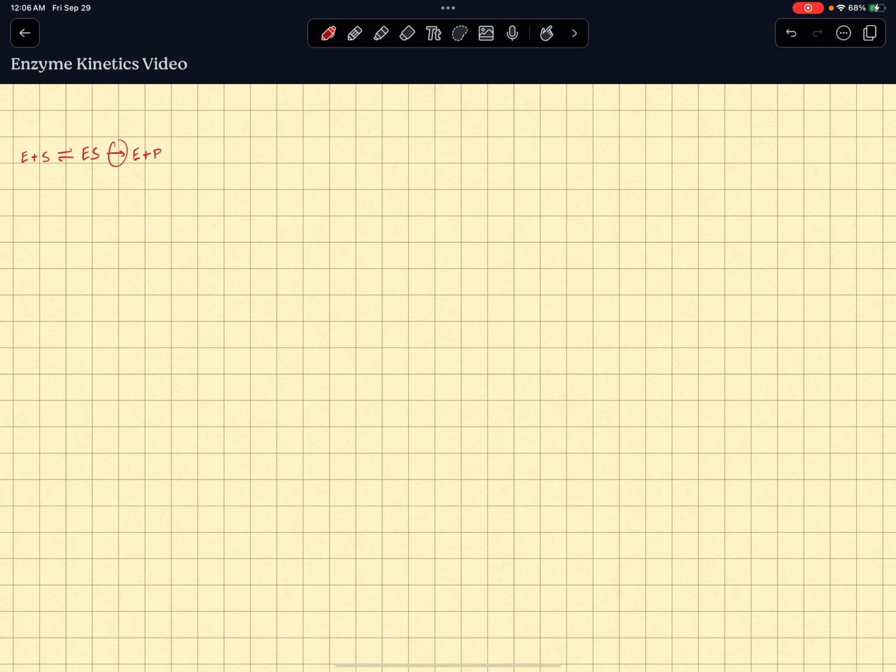And this is irreversible just because we can assume that the enzyme and product isn't going to reverse itself back into the enzyme plus the substrate or enzyme substrate complex, because it'd be so energetically unfavorable to do so. So we're going to call the forward rate here K1. We'll call this dissociation K2, and we'll call this K3.